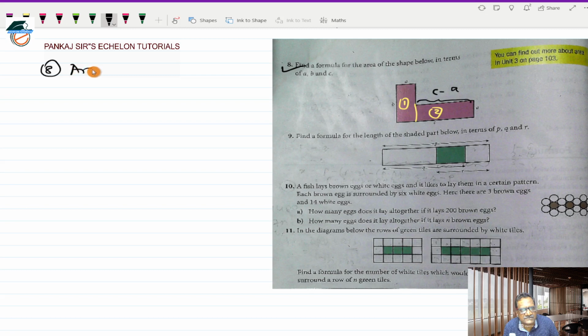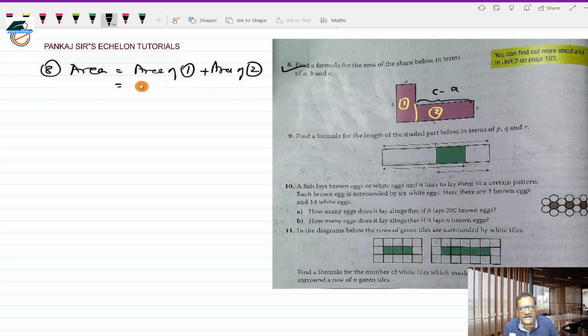Area will be equal to area of rectangle 1 plus area of rectangle 2. So area of rectangle 1 will be, this is how much?